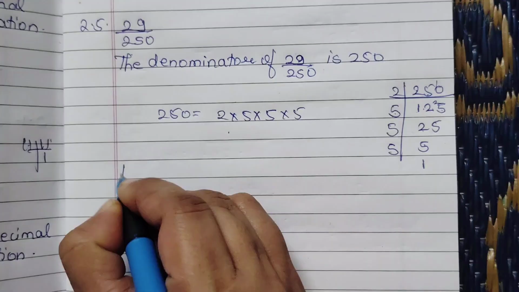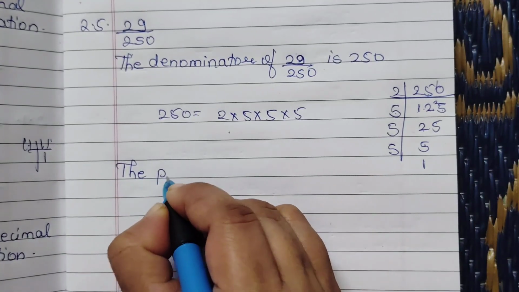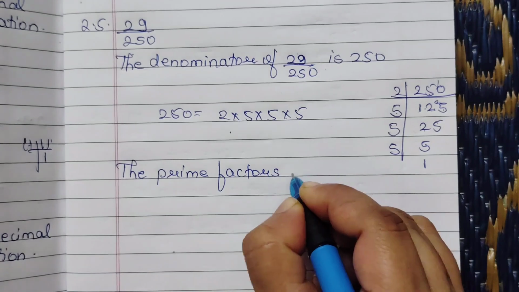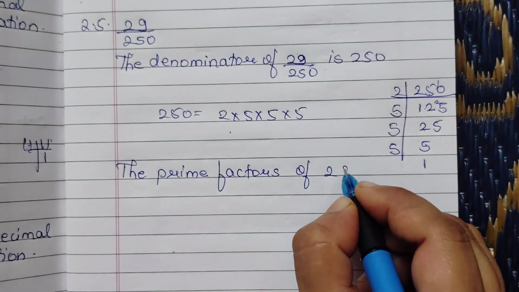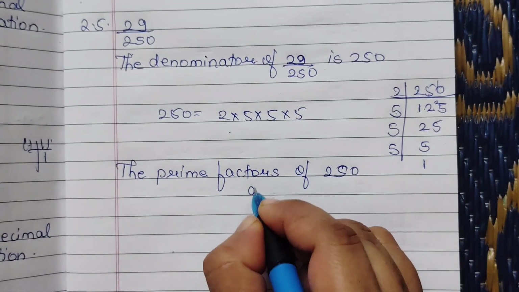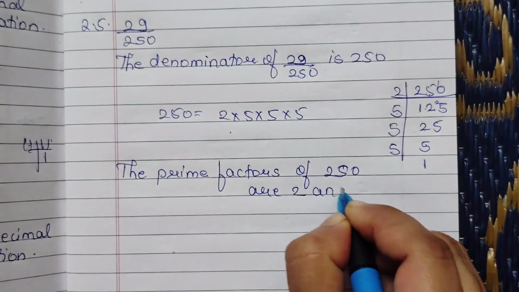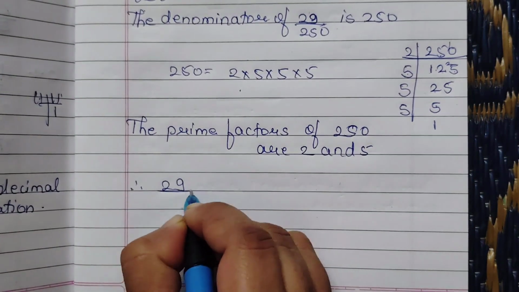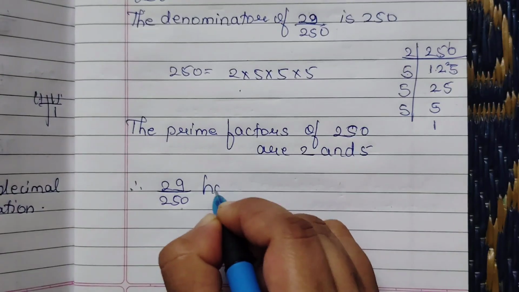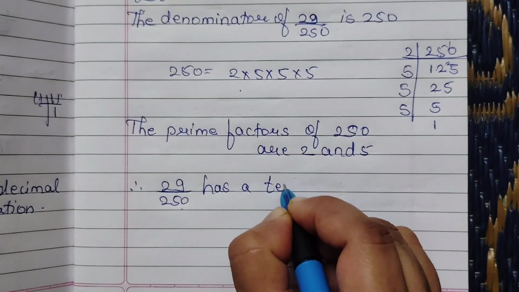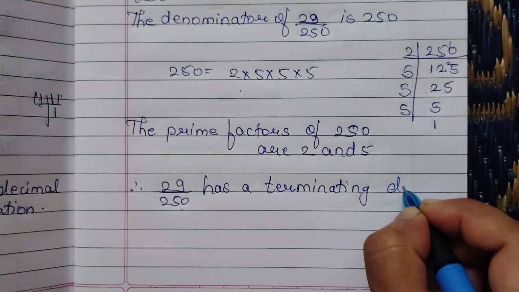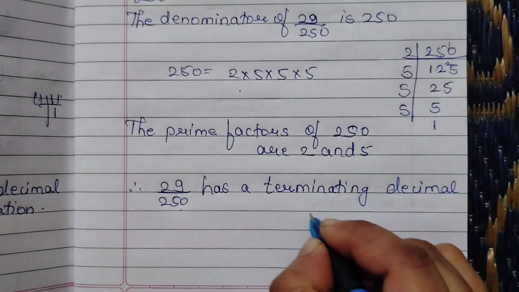So we will write the prime factors of 250 are 2 and 5. Therefore, 29 upon 250 has a terminating decimal representation.